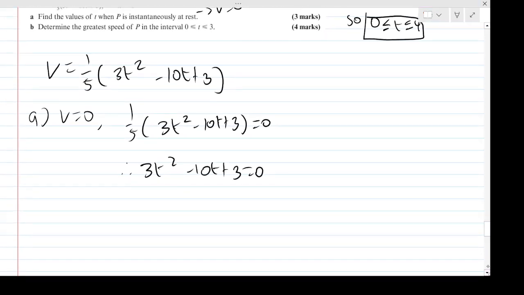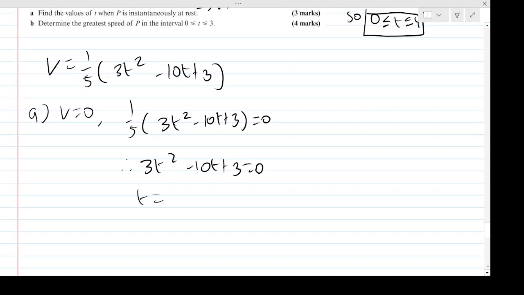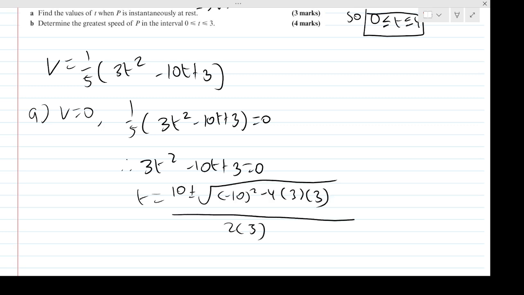And so then if I solve this quadratic, I get t is 10 plus or minus the root of minus 10 squared minus 4 lots of 3 of 3, over 2 lots of 3. And so if I solve that, I get t is 3 or t is a third.